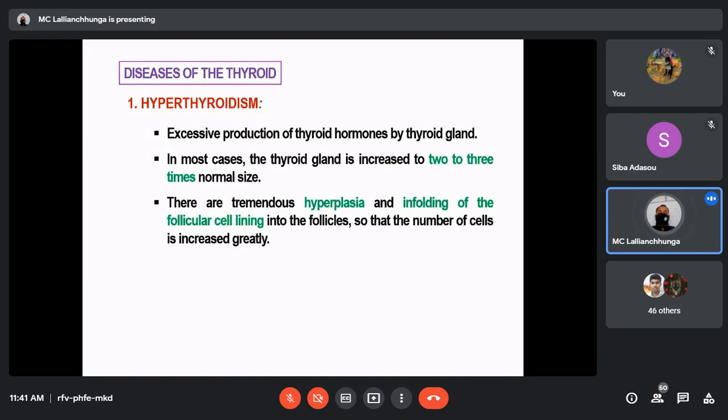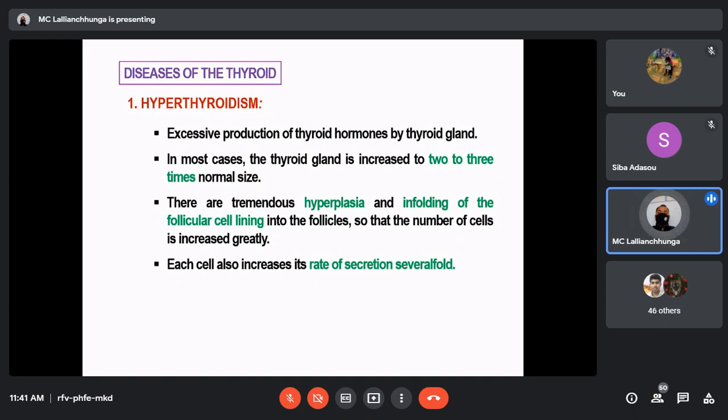Hyperplasia means an increase in the follicular cells, and infolding of the follicular cell linings in the follicle, so that the number of cells is greatly increased. That will lead to excessive production of thyroid hormones. Each cell also increases its rate of secretion severalfold.